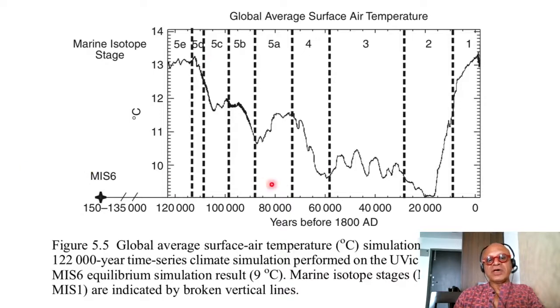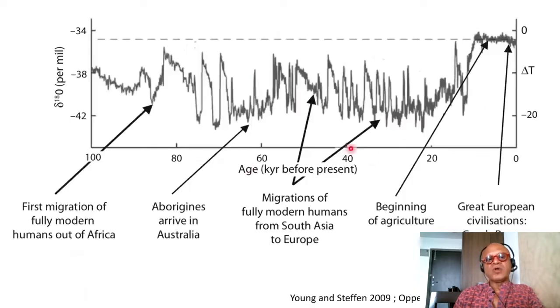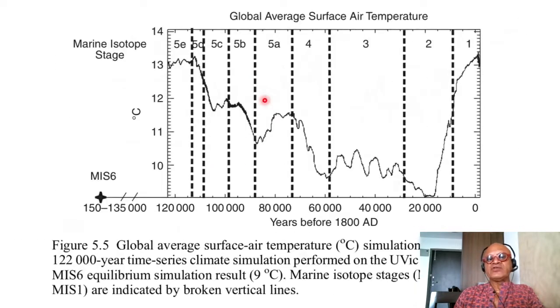So we're going in time this way now. So marine isotope stages, and these are the various 5E to 5A, 4, 3, 2, 1 here, starting at 6, that's down here. Okay, so you look at this, you compare to proxy reconstructed data, and you try to make sure that the model is able to capture the glacial, interglacial, stadial, interstadial variations in this time period.